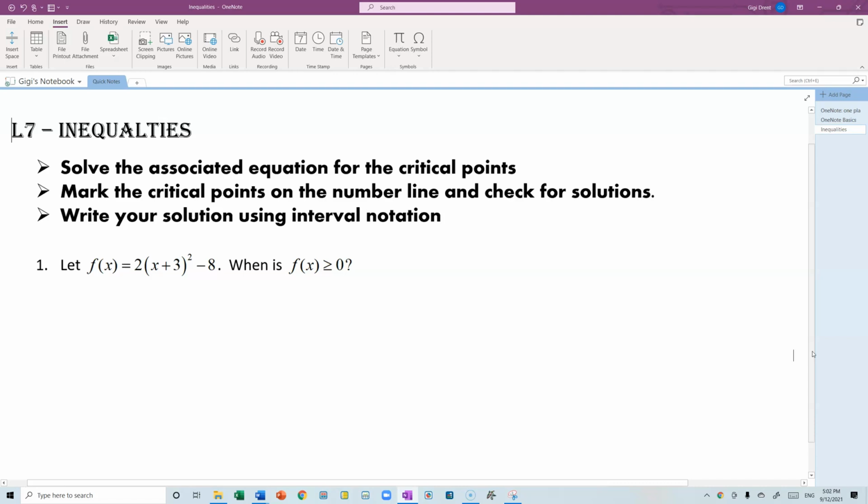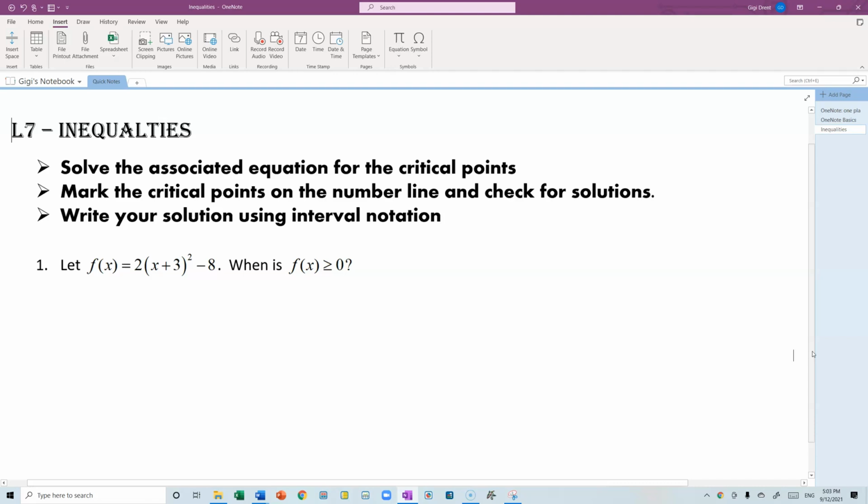One is to solve the associated equation, meaning find those critical points, find when it's equal to, and then you will place them on a number line and then check to see when it's greater than or less than, because logically you only have three scenarios. You're the same, you're less than, or you're greater than, right? So when you are equal to, those are your critical points, and then you'll figure out the intervals to which it is less than or greater than or whatever you are looking for.